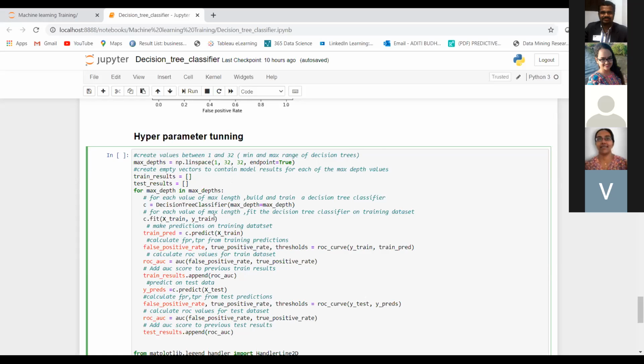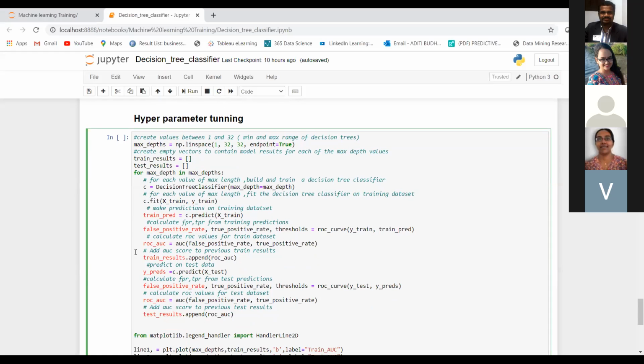So here you see I'm doing nothing different. I'm just creating my decision tree based on that particular maximum depth from the list, or array, which I am getting.